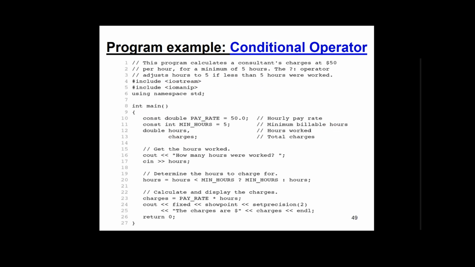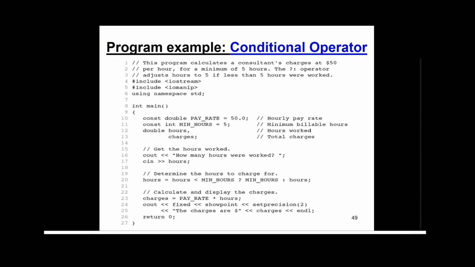This is another way to write a conditional expression using the conditional operator. You know this is a conditional expression because you see the question mark and the colon. So what is this program about? Let's read the comment a little bit. This program calculates a consultant charge at $50 per hour for a minimum of 5 hours.